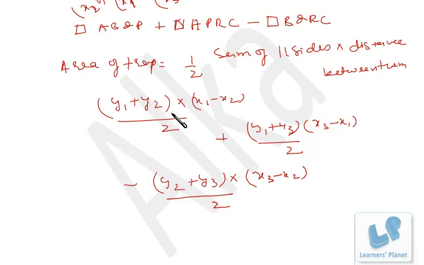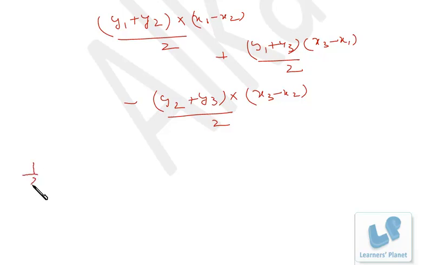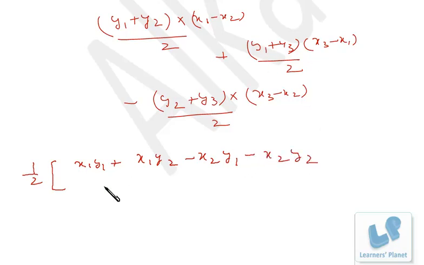Now let's simplify this. I take 1 by 2 as common. Then this is x1 y1 plus x1 y2 minus x2 y1 minus x2 y2. Then this is x3 y1 plus x3 y3 minus x1 y1 minus x1 y3.